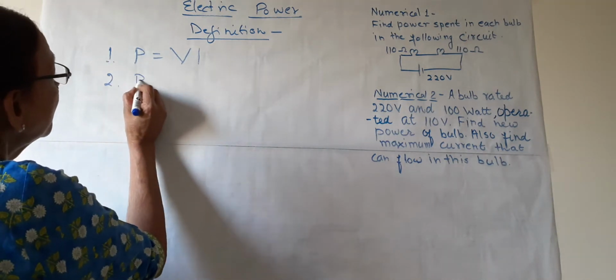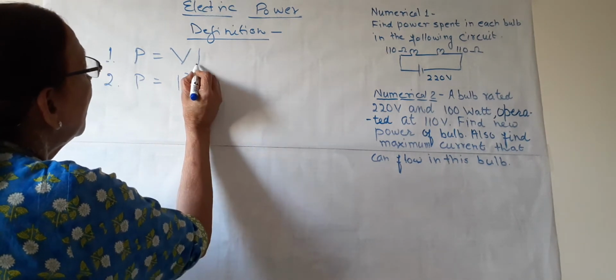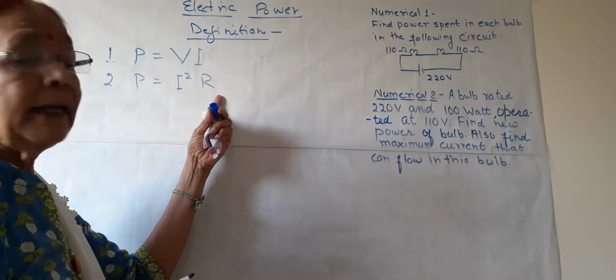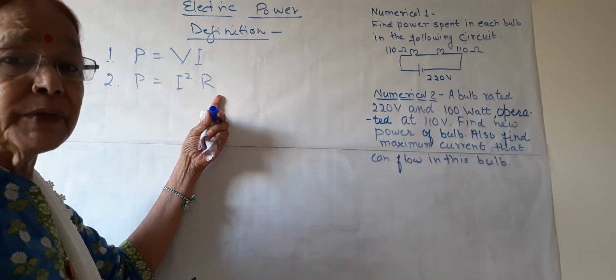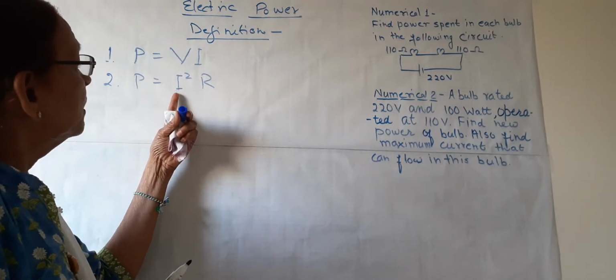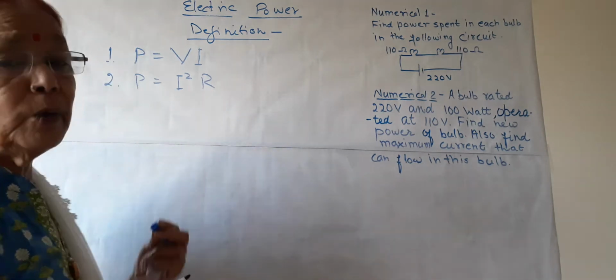The second formula is P is equal to I square R. Again, I is current and R is resistance of the circuit. So square of current multiplied by R is also power.